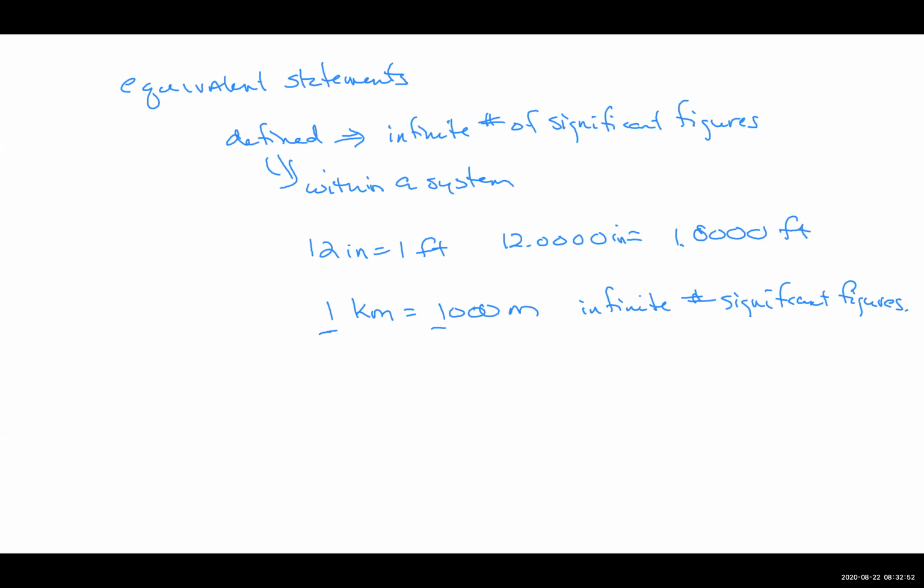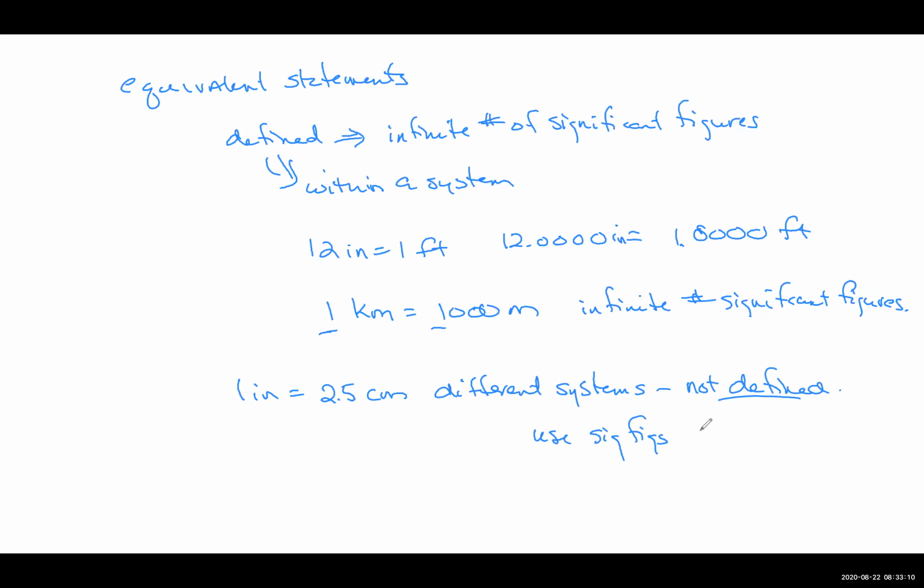However, if you're within systems, and I just tell you 1 inch is equal to 2.5 centimeters, this is different systems, is not defined. And if it is not defined, you have to use the sig figs given. Obviously the 1 you're not going to because it's meaning 1.000, but the 2.5 would limit you to 2 sig figs.